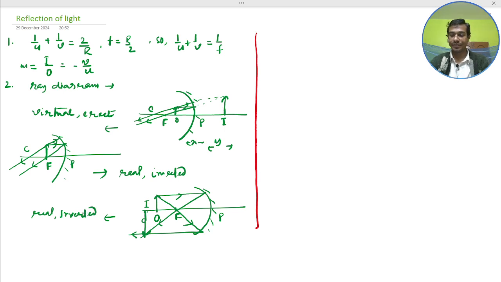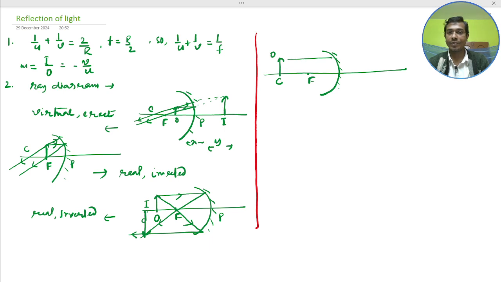Next, the object at center of curvature. Here is the ray diagram: this is the object at C, and this is the focus F. Light goes in this direction and comes back passing through the focus, and another ray goes in this direction.